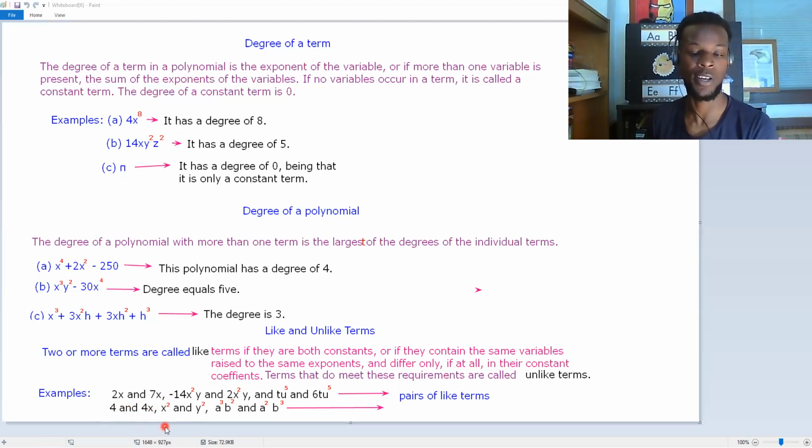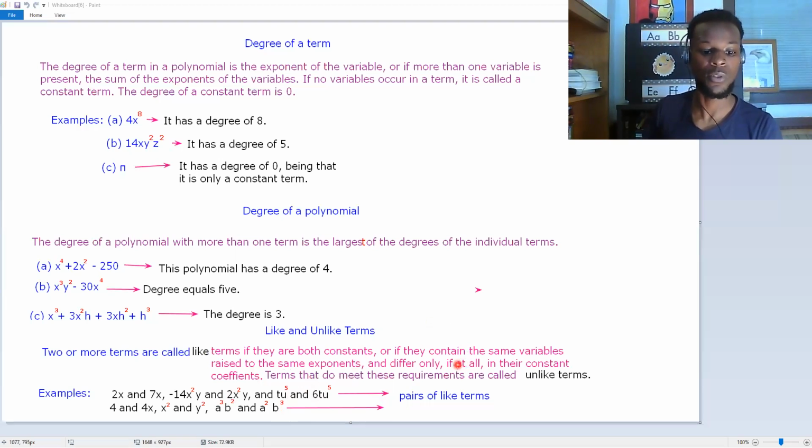Secondly, we have x squared, y squared. That's easy. They're different variables. Even though they're raised to the same exponents, they are still different variables, so they are unlike terms. And then thirdly, and lastly, we have a cubed b squared and a squared b cubed.